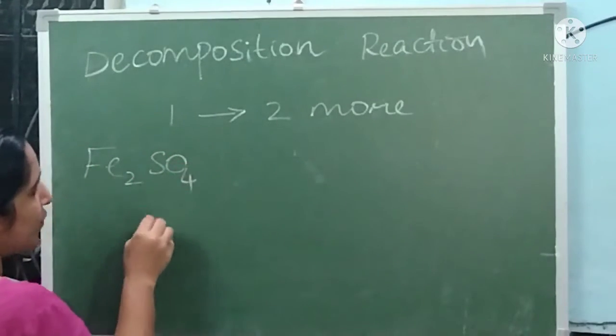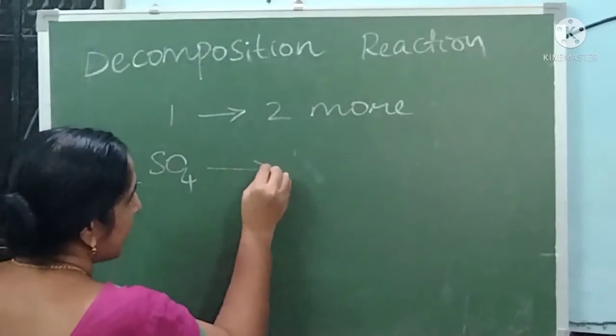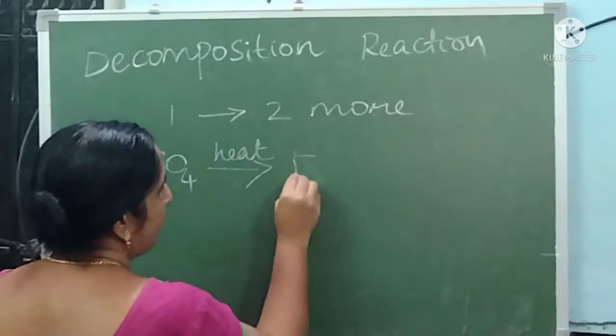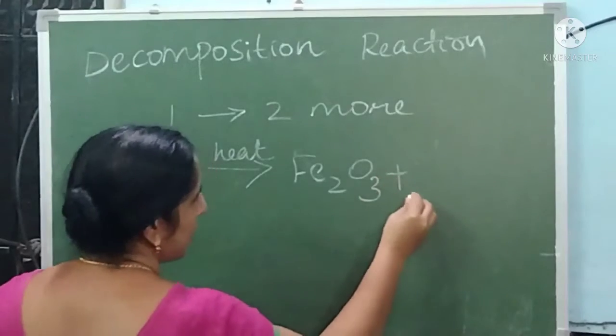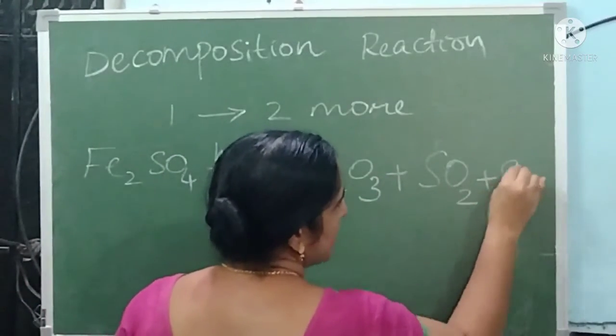FeSO4 is called ferrous sulfate. FeSO4 reacts with heat to form Fe2O3 plus SO2 plus SO3.